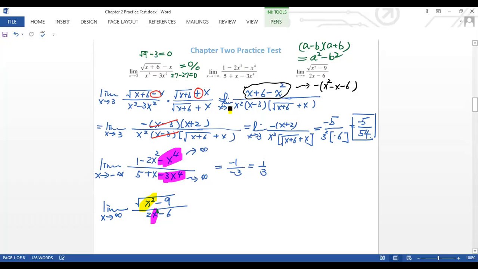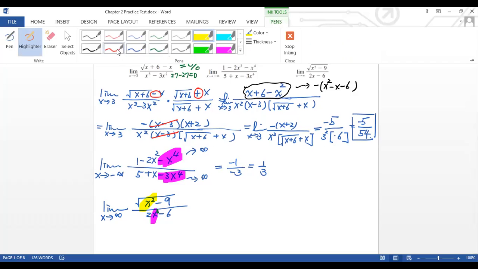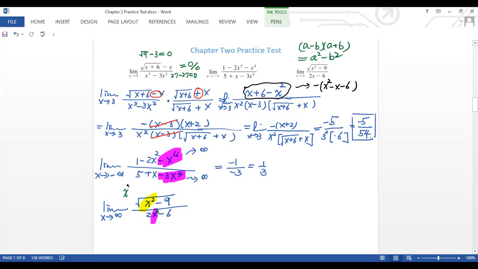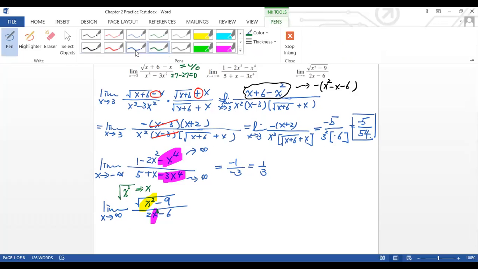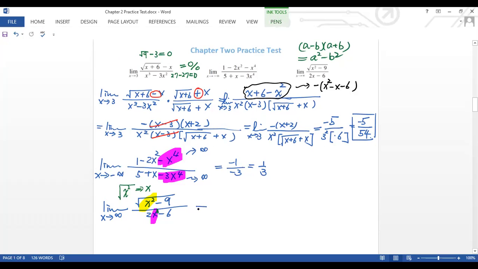So this is the dominant power, but because of x squared, you have a square root around it. So it turns out this will be x here. So that means these two still have the same power, right? Same degree.